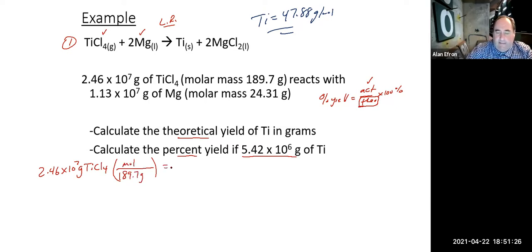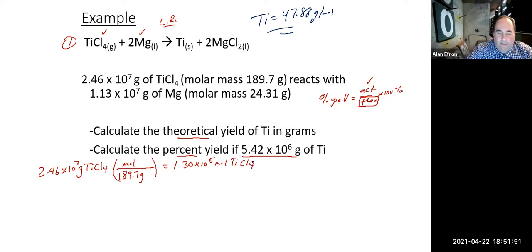And that would get us for this guy 2.46. Make sure you use your exponent button on this guy. And we're going to do 189.7. And that is looking like, we'll call it 1.3 to the 5 in this case, maybe. 1.3 times 10 to the 5th moles of TiCl4.